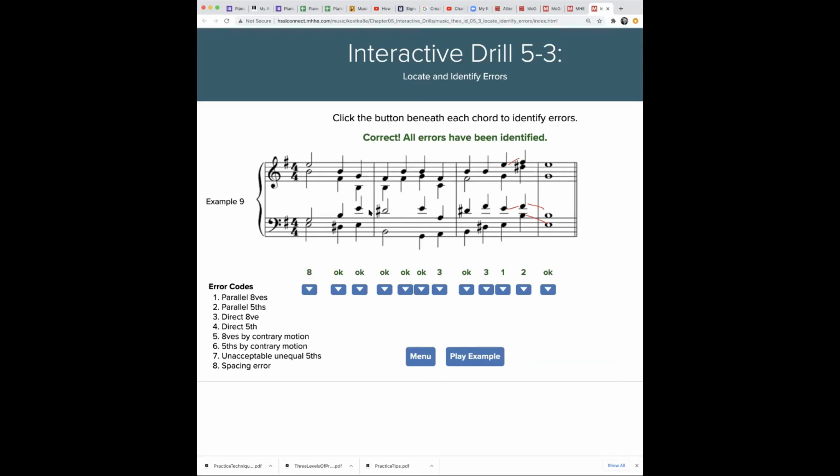Can we look up the unequal fifths real quick, the definition? Sure. Unequal fifths is when a parallel fifth is followed by a diminished fifth or the reverse in the same 2 voices.